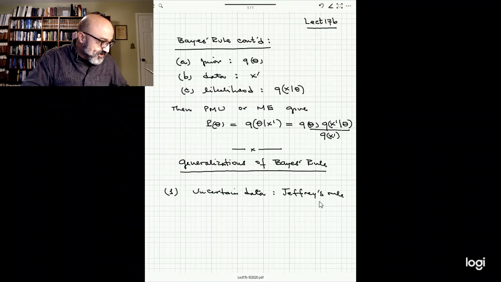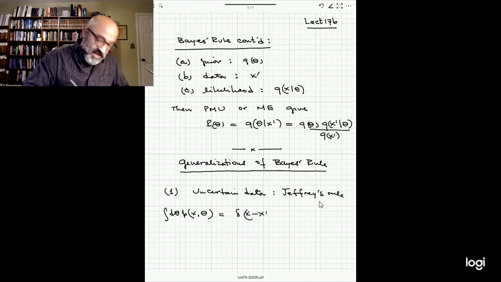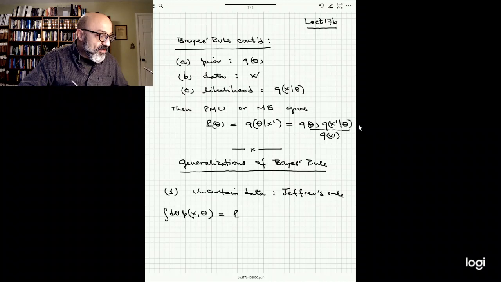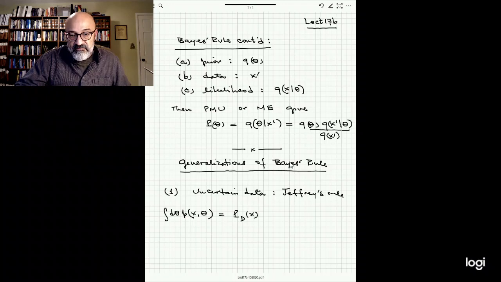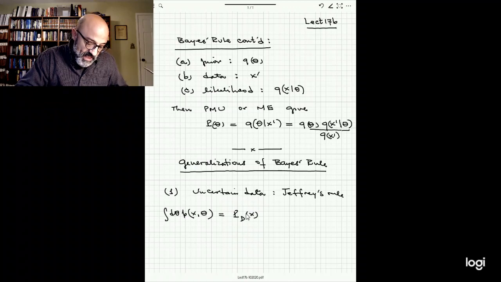And the way that one works is we impose as a constraint on the posterior the fact that this here is not a delta function, which is what we had in the derivation of Bayes' rule, but rather some other function. Let's call it just p_D(x), some probability distribution which may be centered about x prime or not, it doesn't matter.